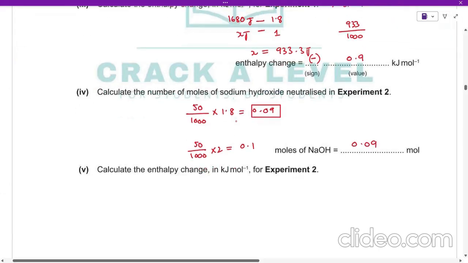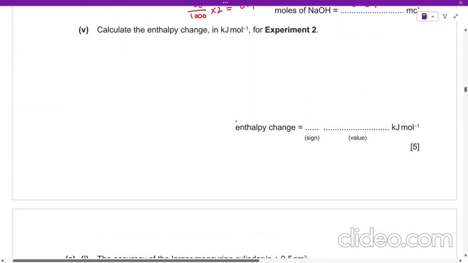Calculate the enthalpy change in kJ per mole for experiment 2.